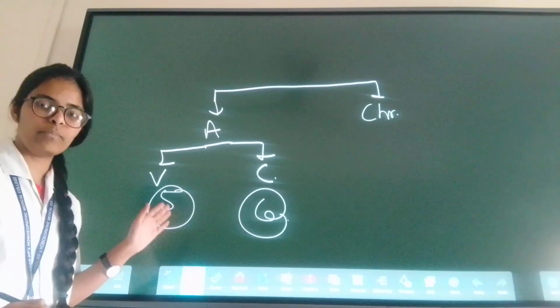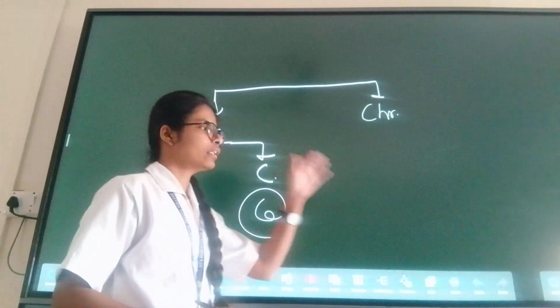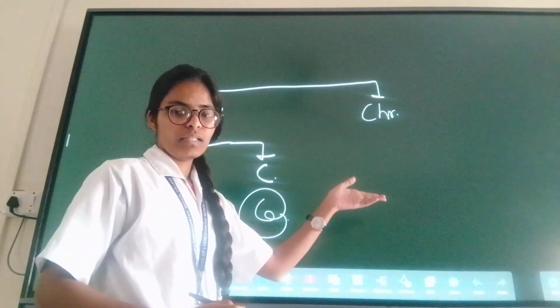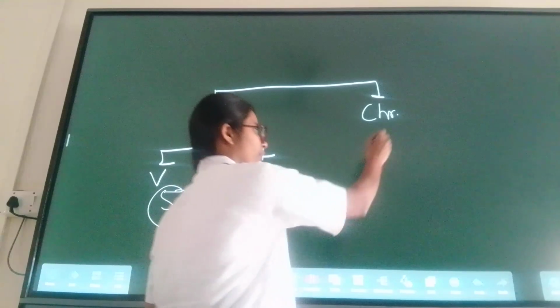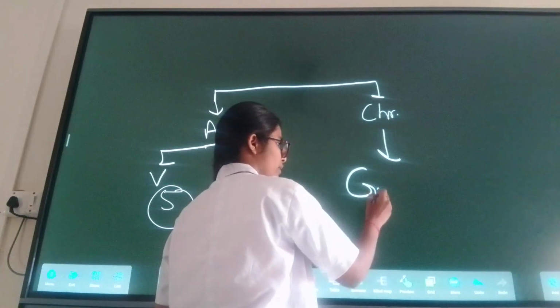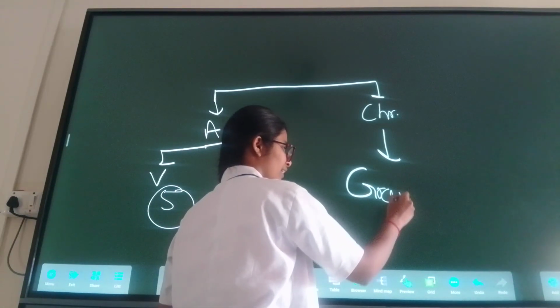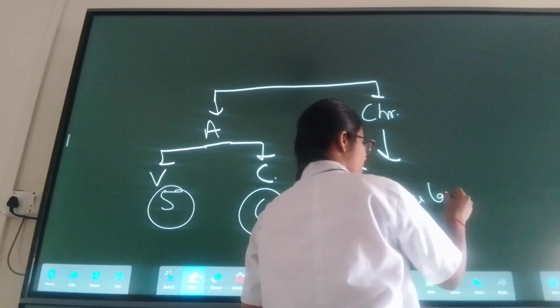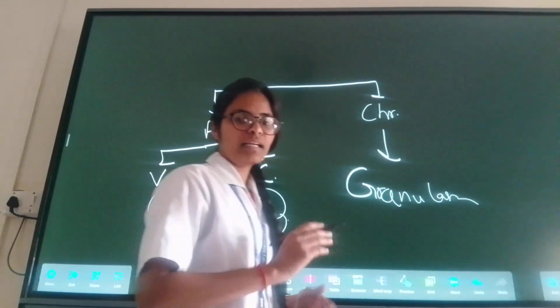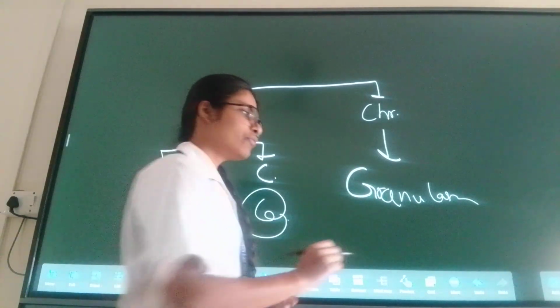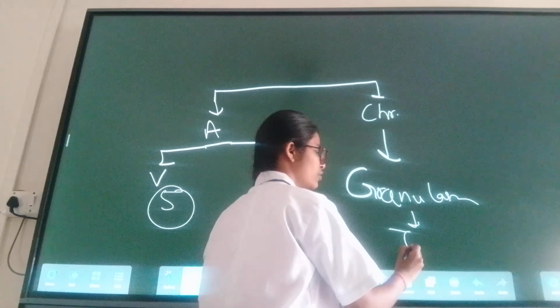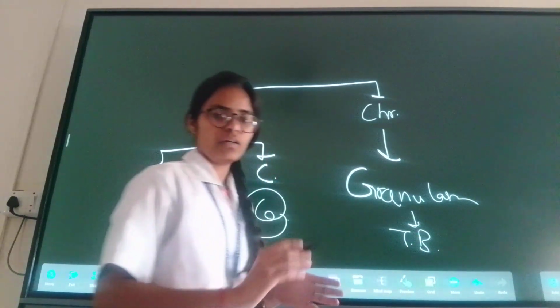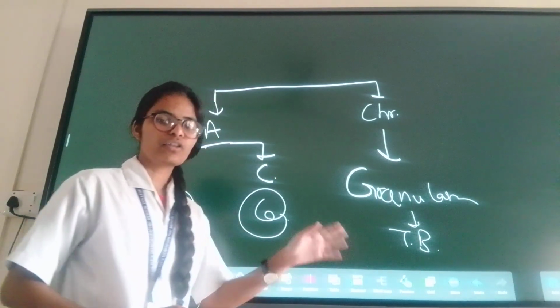We are going to see them one by one. And in chronic inflammation there is a granulomatous lesion. The classical and typical example of granulomatous inflammation is tuberculosis. This is all about chronic inflammation.